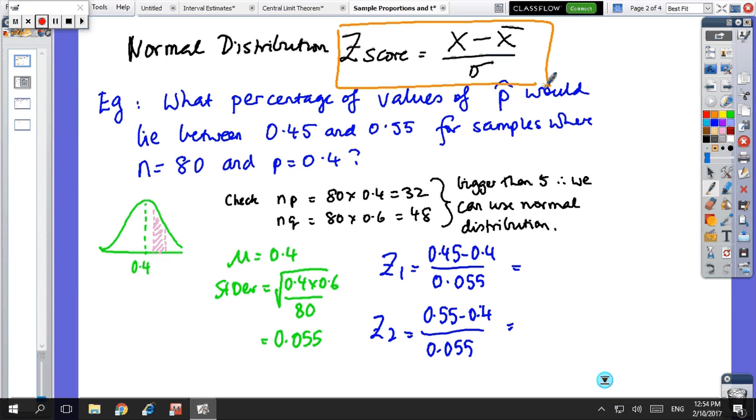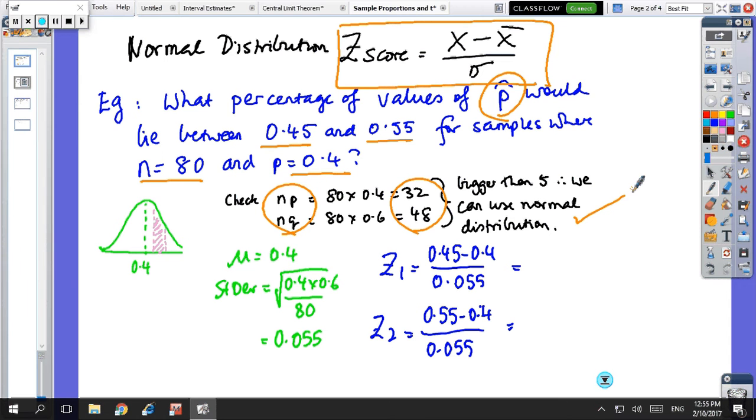So what percentage of values of the proportion would lie between 0.45 and 0.55 if p was 0.4 and the sample size is 80? So the first thing we do is we check np and nq so that they're both bigger than 5, and if they're bigger than 5 we can use the normal distribution. So that's going to be the case in most of these.